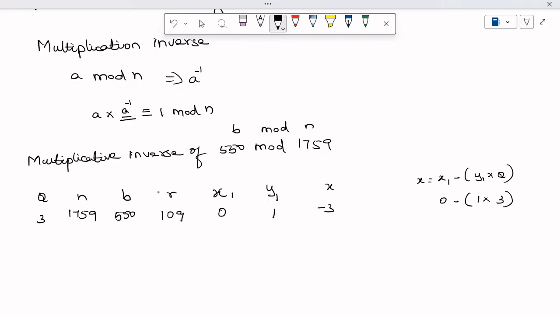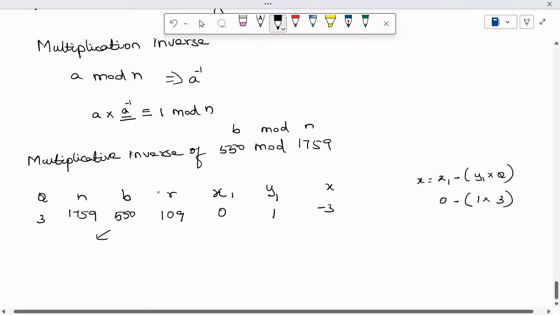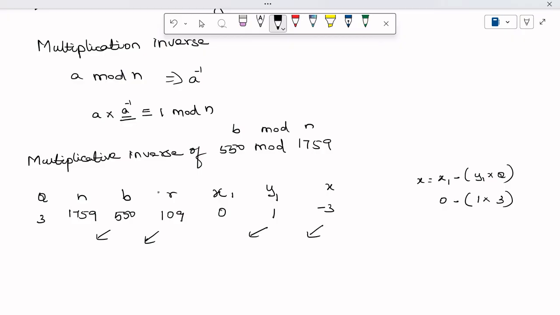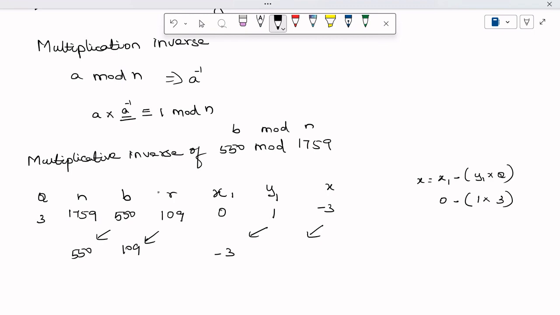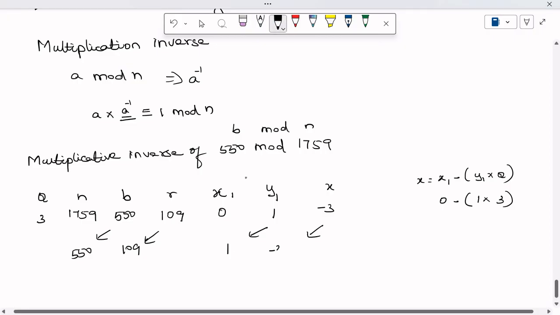In the subsequent step, b will become n and r will become b, and similarly y1 will become x1 and x will become y1. So here this is 550, 109, and this is 1 and minus 3.